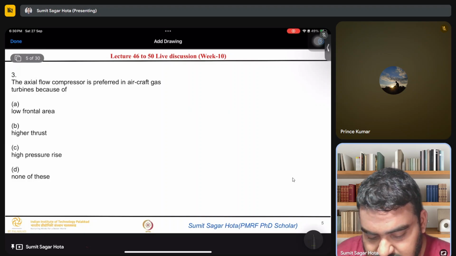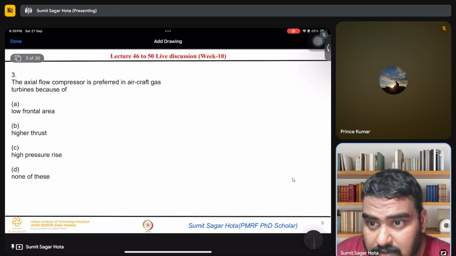The axial flow compressor is preferred in aircraft gas turbine because of what?